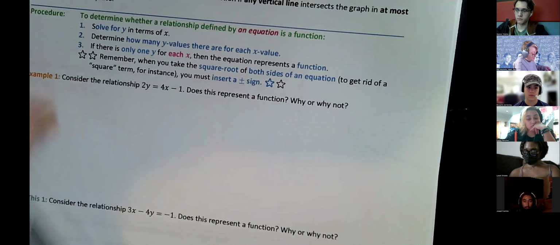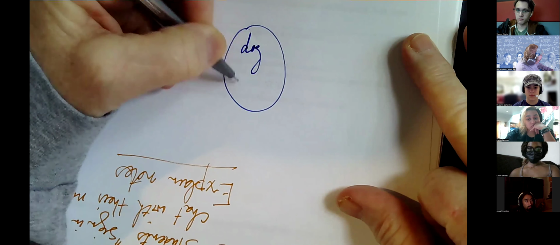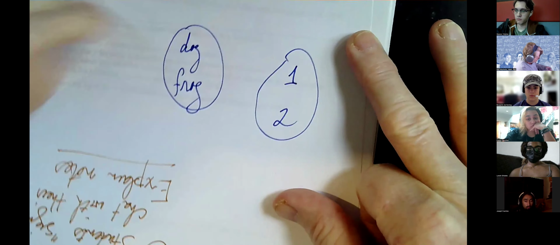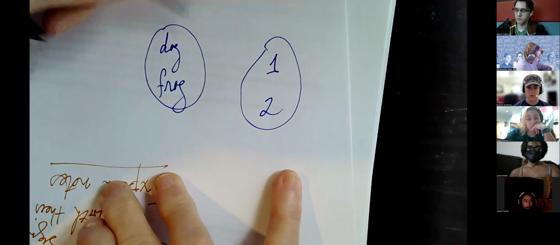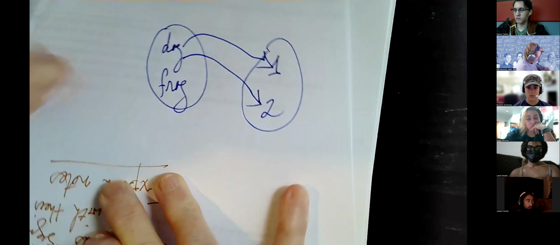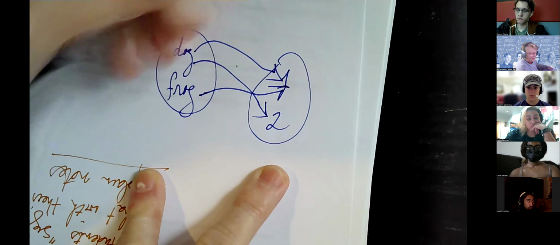But let's look at something equally simple that is not a function. Let's say we have dog and frog again, and the numbers 1 and 2. And this time, dog is going to go to both, and frog is still just going to go to 1. So we can list the elements.